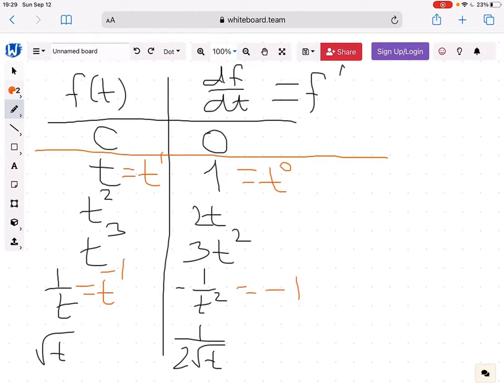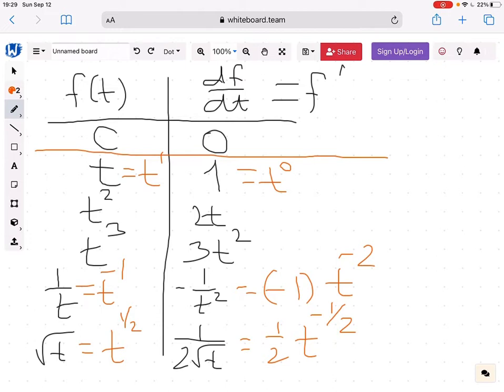And what we have here is minus 1 times t to the power of minus 2. 1 over t squared is t to the power of minus 2. Square root of t is t to the power of 1/2. And what we have here is 1/2 t to the power of minus 1/2.